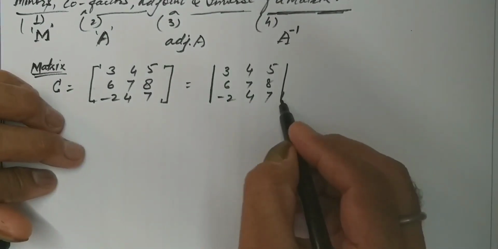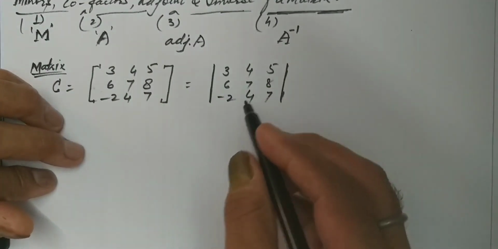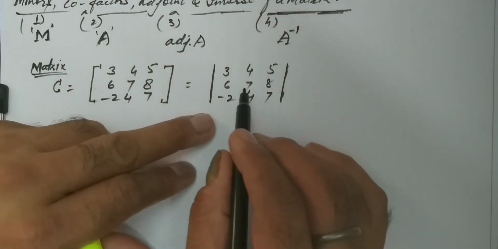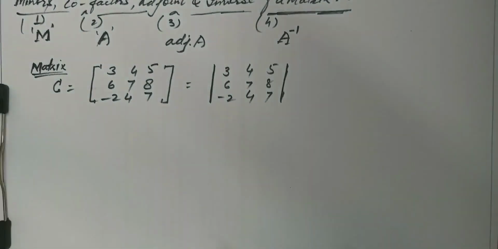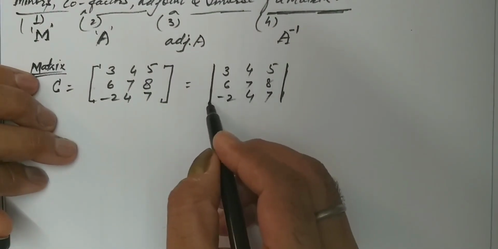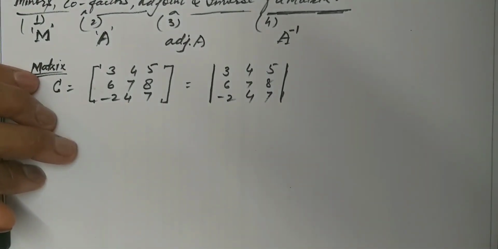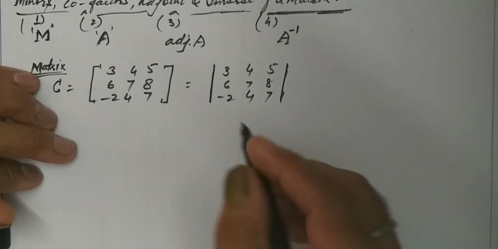You should not be confused, matrix as well as determinant. So this is the matrix. Now the question arises, how many minors, how many cofactors are possible in a determinant? It depends upon the number of elements. As many elements as there are, that many minors, that many cofactors.